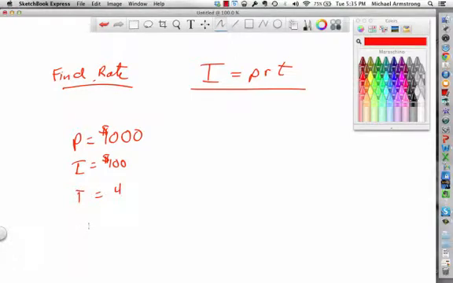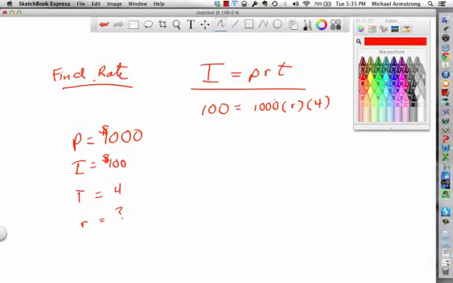What we don't know is the R. So we start filling in everything. $100 is our interest, equals $1,000 times our rate, R, times T, which is 4 years.